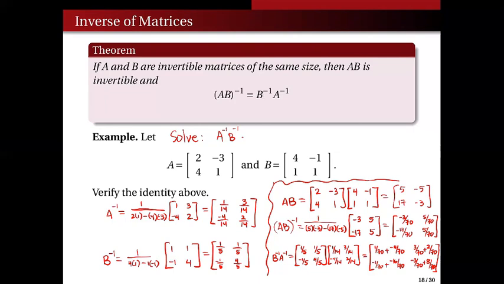And I already mentioned that this A inverse, we will not write it as 1 over A, if A is a matrix. So this guy here will not make sense to us.